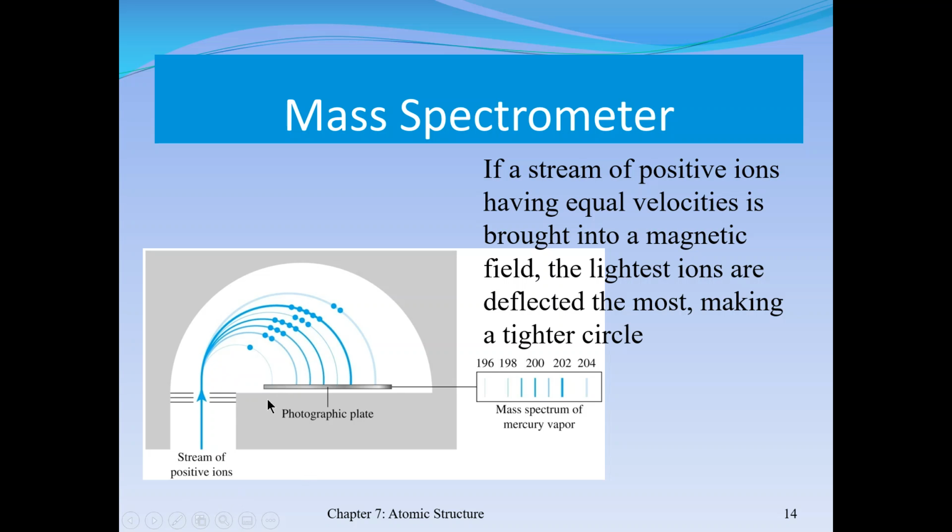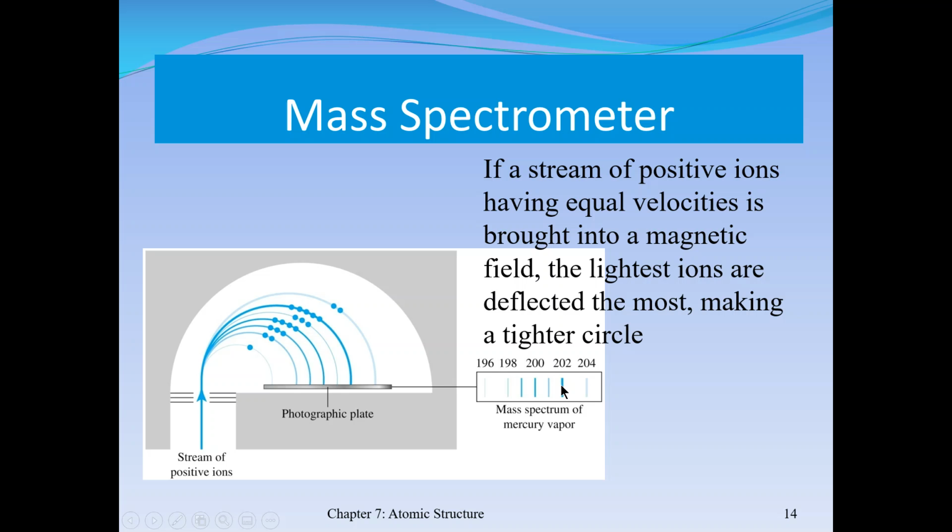So it's based on the effect that the magnetic field has on the ions that they are separated, and then they're allowed to hit the photographic plate, and it will look like this, right? And what each line represents, in terms of intensity, is the relative number of ions that would produce that particular line.